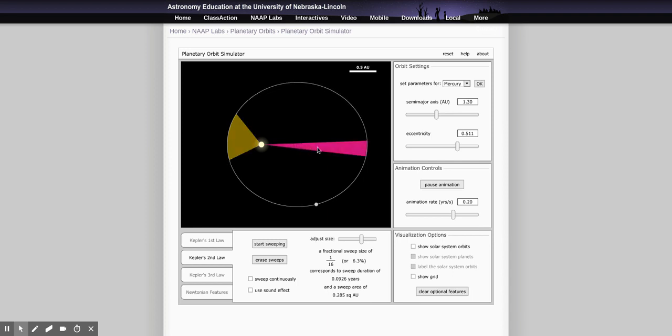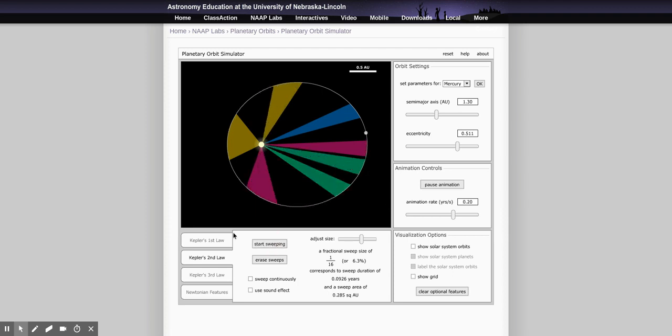So, equal areas. You'll notice it looks like a much thinner triangle, but the area of these two triangles is the same. In fact, any area that I sweep out, as long as I'm using the same interval of time, will have the same area inside that triangle.